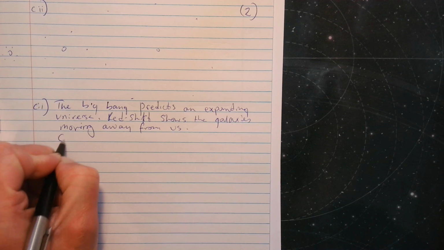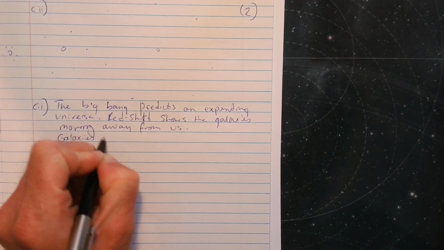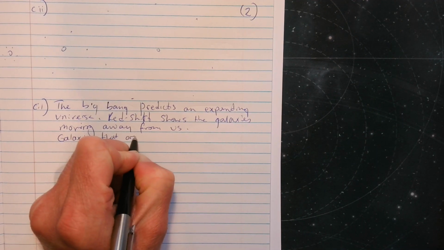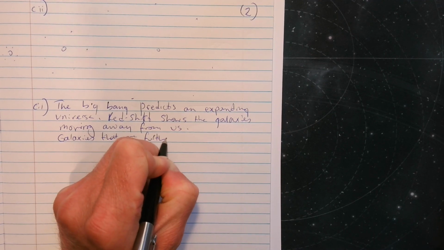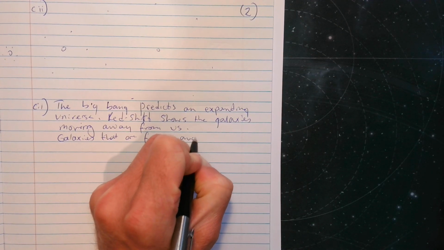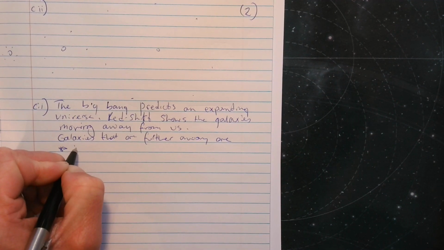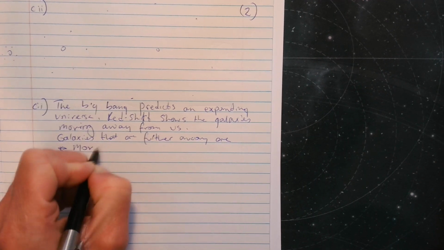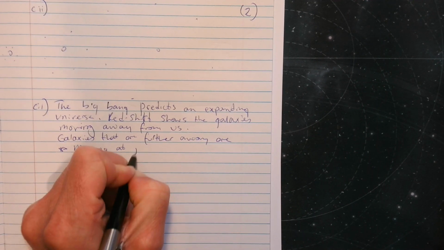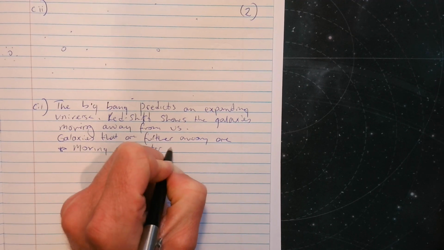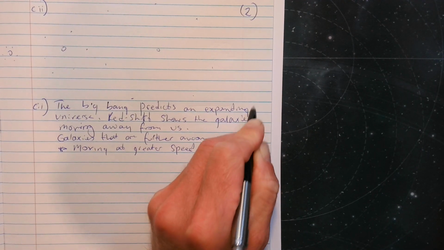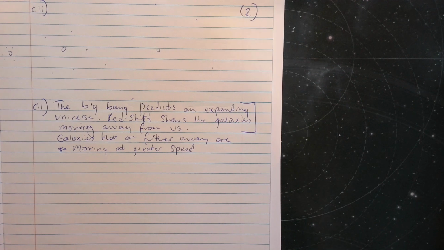So galaxies that are further away are moving faster. I'm going to keep it simple, moving at greater speed. So just to be clear, you've got your 2 marks here, but that's another thing that you could add, galaxies that are further away are moving at greater speed.